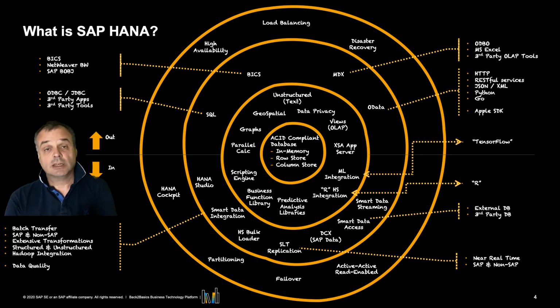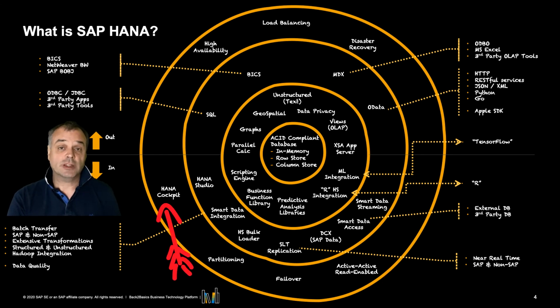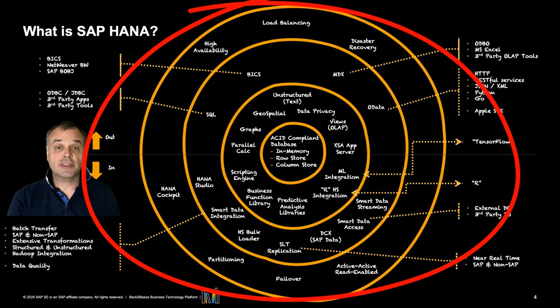And finally, we do have to administer the database, the HANA Cockpit. HANA Cockpit is basically the web version of the HANA Studio. So you don't even need to install anything on any laptop or any computer. That is SAP HANA. This is what a customer gets when he installs SAP HANA. Everything's included. So it's a database with huge platform capabilities around.